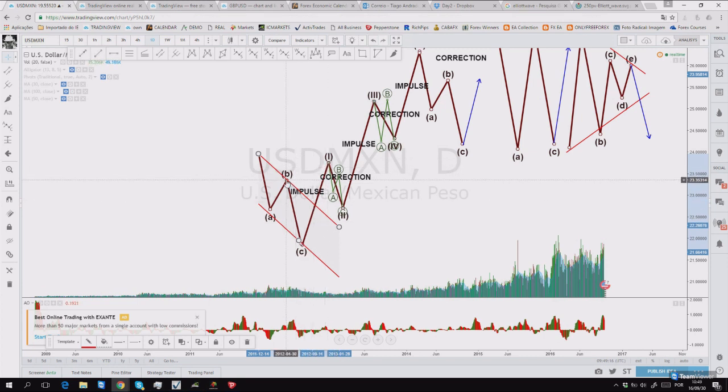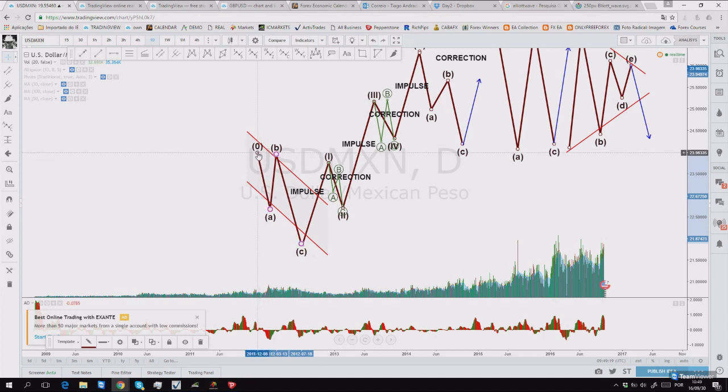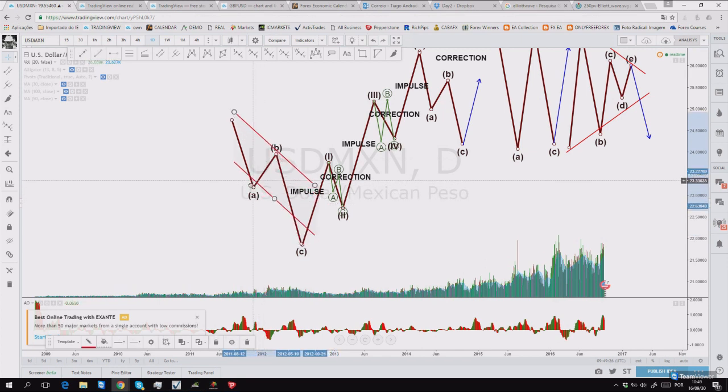Imagine this ABC is bigger, so that it's easier to explain. Imagine that you're going short here, and you have this wave 1, and you think it's a correction of this downtrend. You don't think it's wave 1, you think it's a correction. That's when many people get trapped, because you get a correction, you get what's an impulse, but many traders that are short here think that this is just a correction, and when it starts doing the actual correction, they think, oh, okay, I'm good short, and that's when you get trapped.